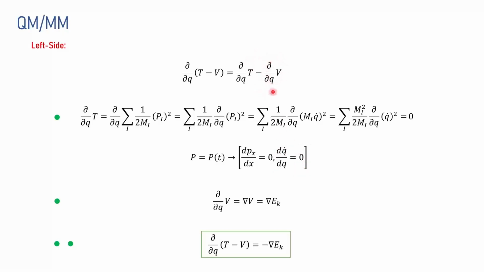And the second term here, we have the derivative of the potential energy with respect to q. Here we have d over dq of V, which is equal to nabla. We know the nabla is the derivative operator, and we can write in the first notation V as equal to Ek, which is the same. So the left hand side at the end will be equal to minus nabla Ek.